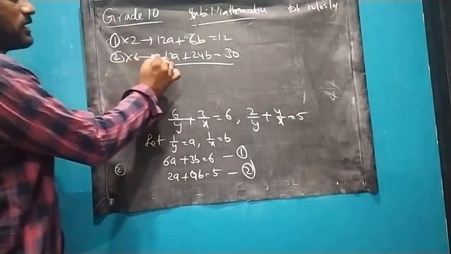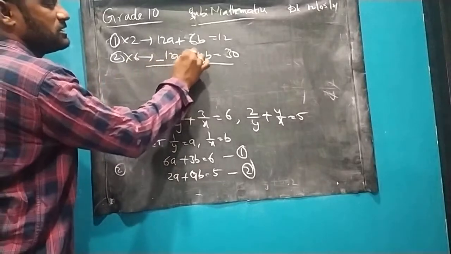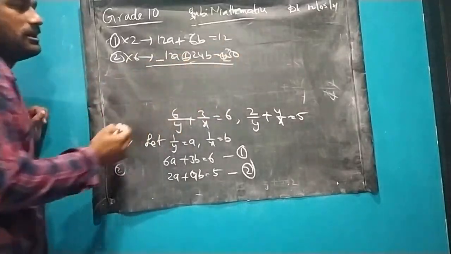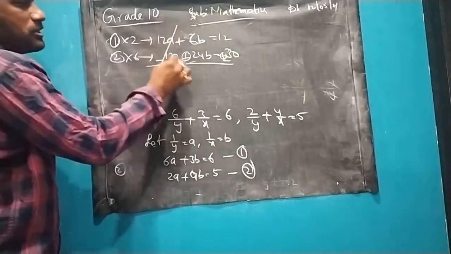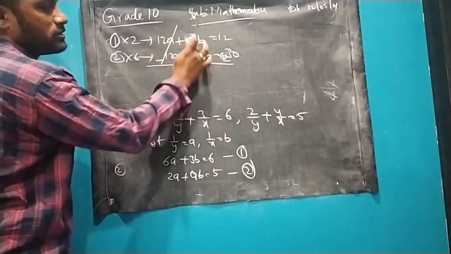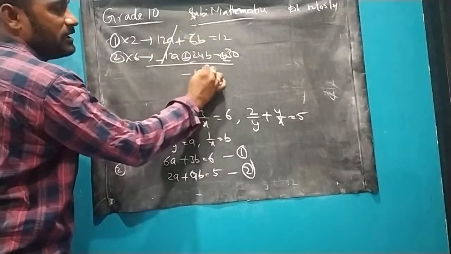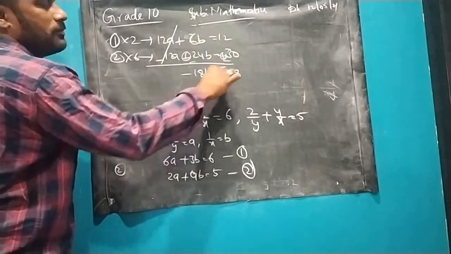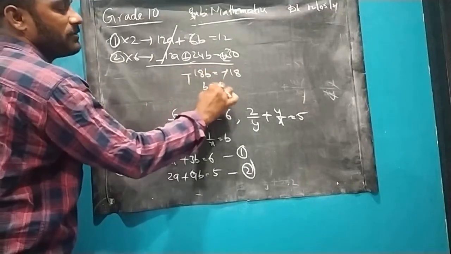So let us perform subtraction. Subtraction means the signs will change: plus will become minus. So the 12a gets cancelled. 6 minus 24 is minus 18b is equals to 12 minus 30, which is minus 18. Minus minus gets cancelled. 18 by 18 means 1.